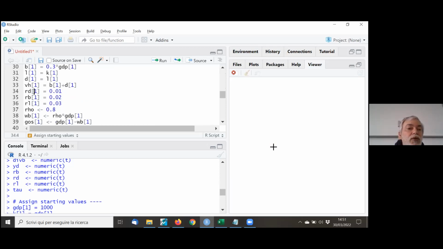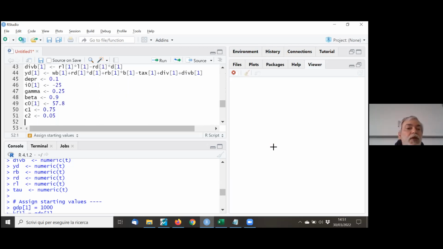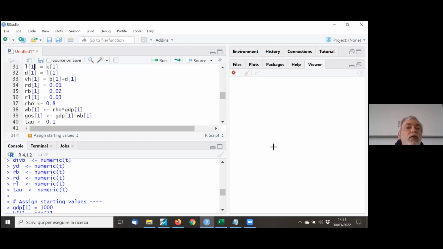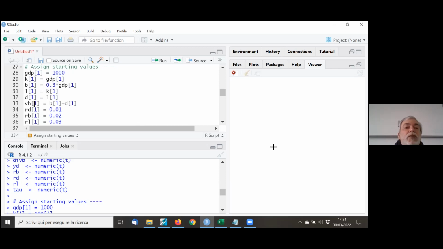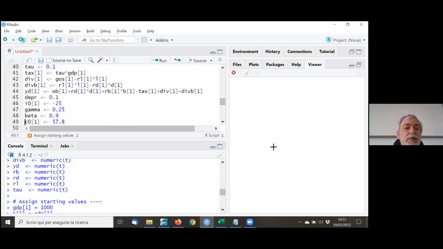We forgot to define the starting values of the components of GDP. We want to have CO1. We should have completed this process actually, but we didn't.